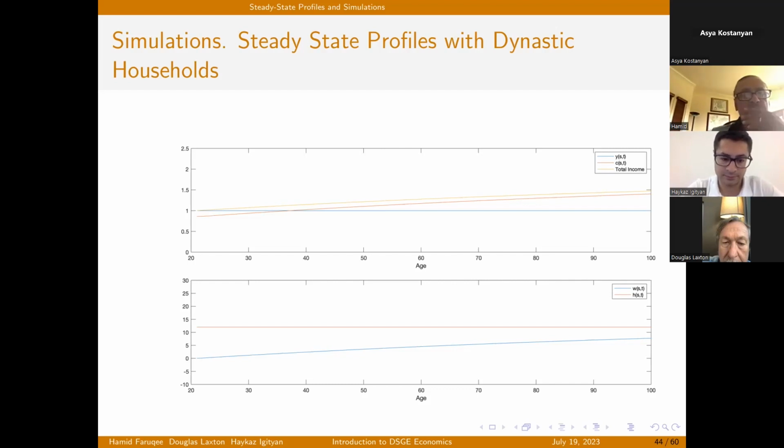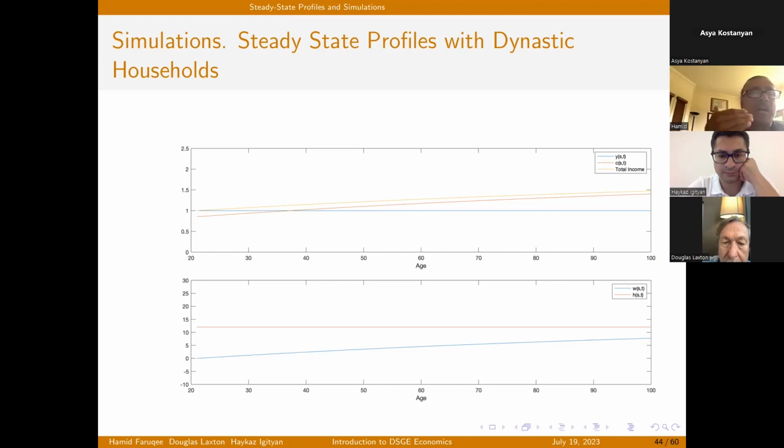The bottom slide shows you the evolution of wealth in the model, and you can see that agents are born with zero wealth and then accumulate wealth over time as they move forward. So there is some positive saving going on in the model through that period and through that wealth accumulation.